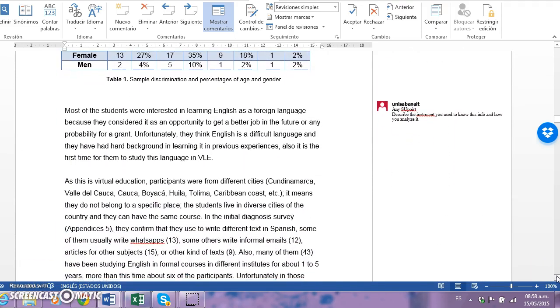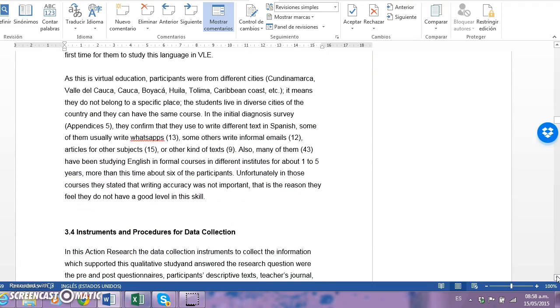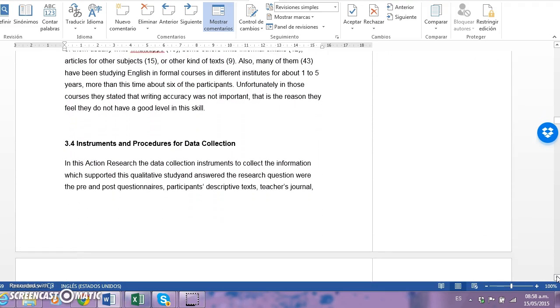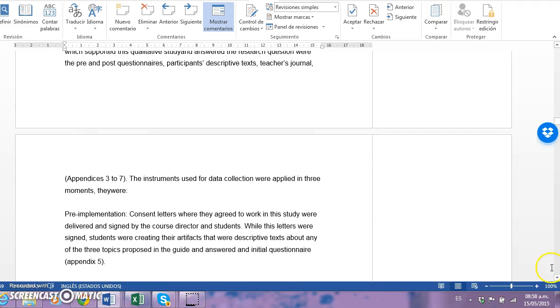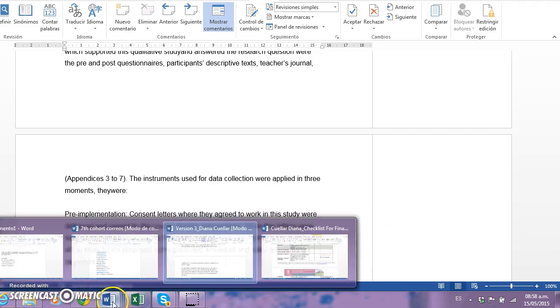I think that till here I have already read, and of course I should continue reading, but I'm aware that most of the comments will be very similar to what I'm telling you. So, Dianita, you are in the process. Your paper is not done yet. It will take a little bit of time to have a final version, but it all depends on the way that you do it.